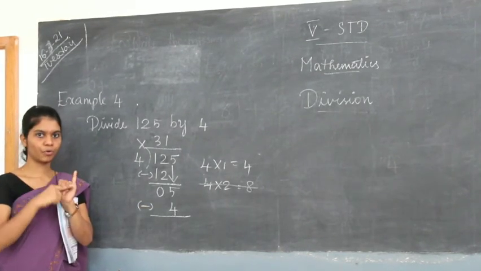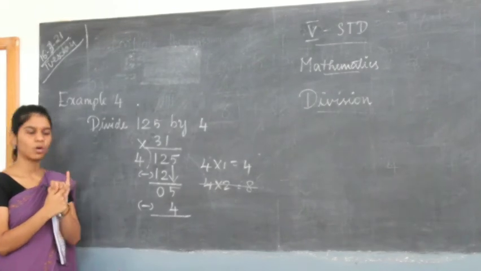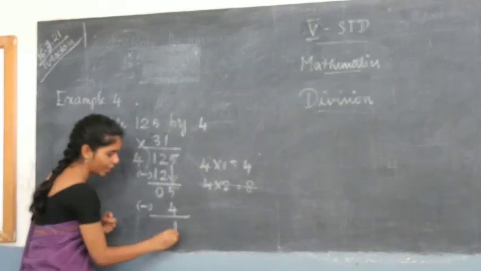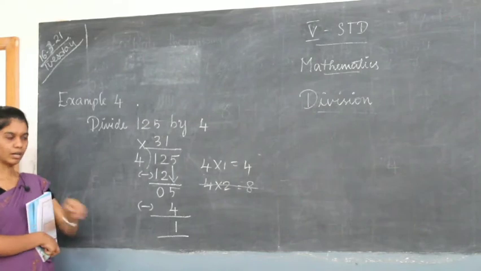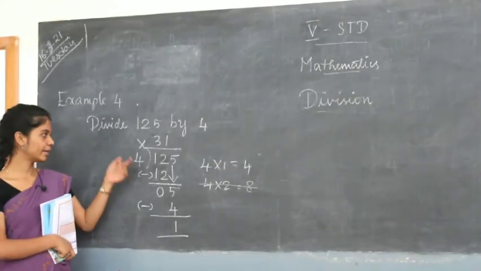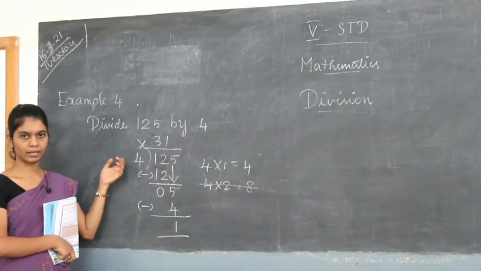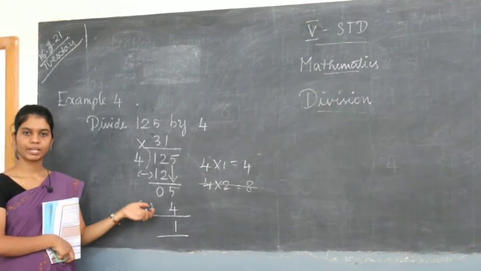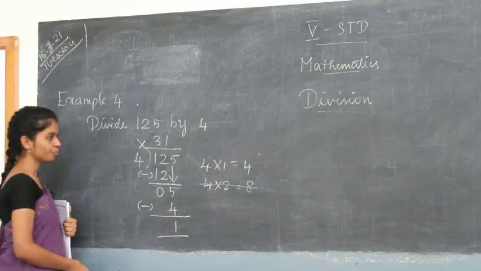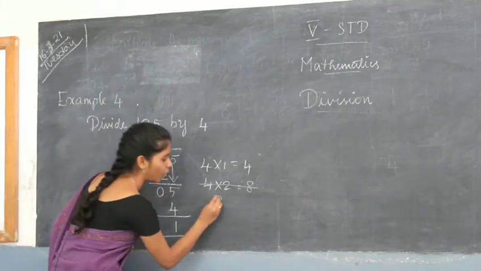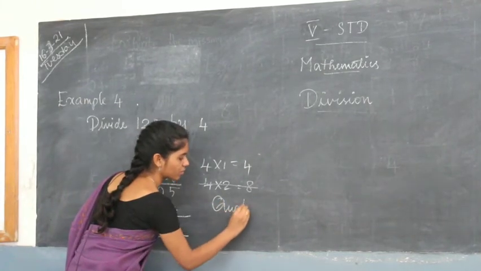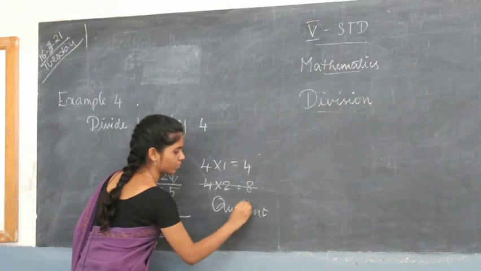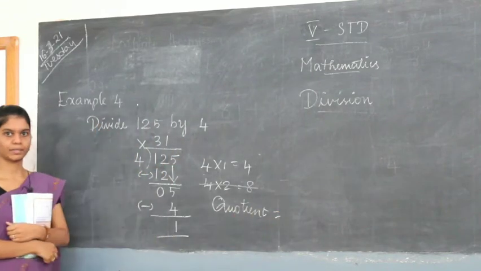So how many is remaining? 1. So you will write 1 down. Here look, 1 and here you have 4. Which is greater? 4, right? You cannot use 1. So 1 will remain like that. Now here, what is your quotient?